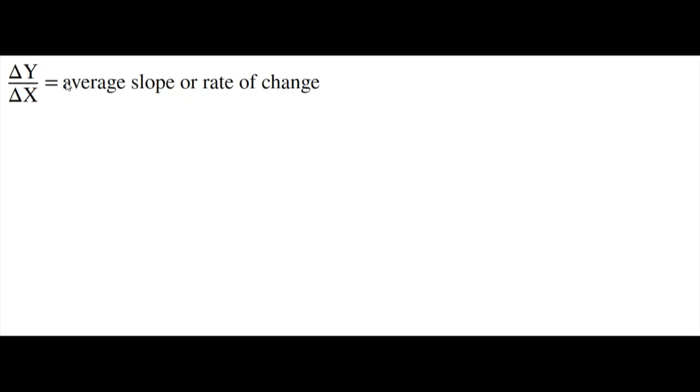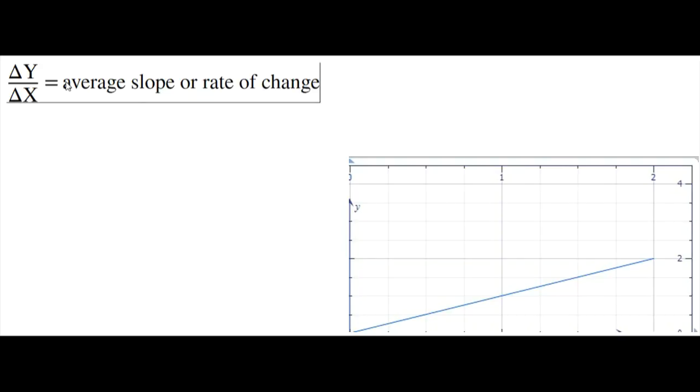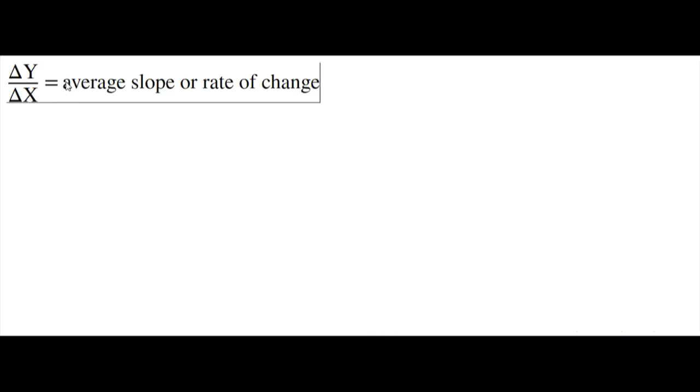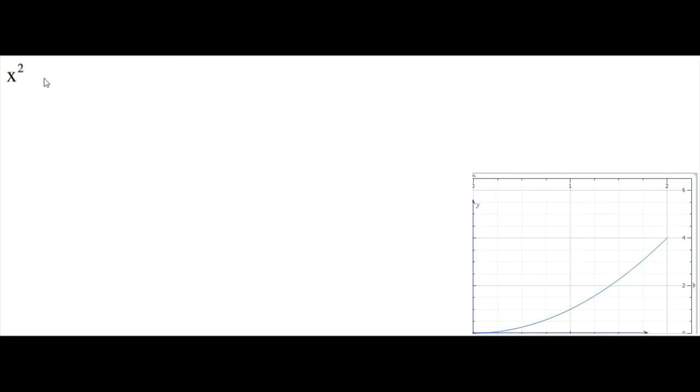That's fine if you want to find a uniform continuous slope or change. But the problem is what happens when you get something like x squared, only talking about one of the quadrants. It doesn't necessarily have to be x squared.